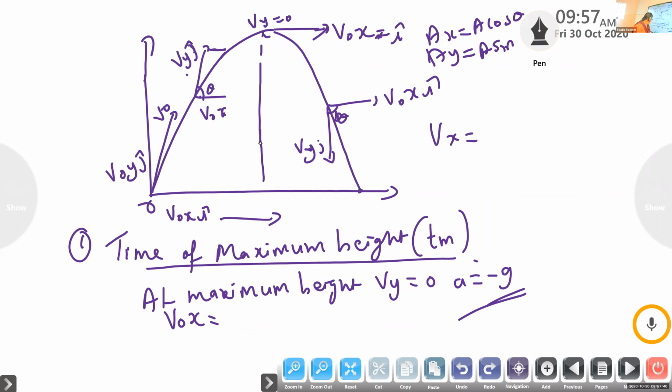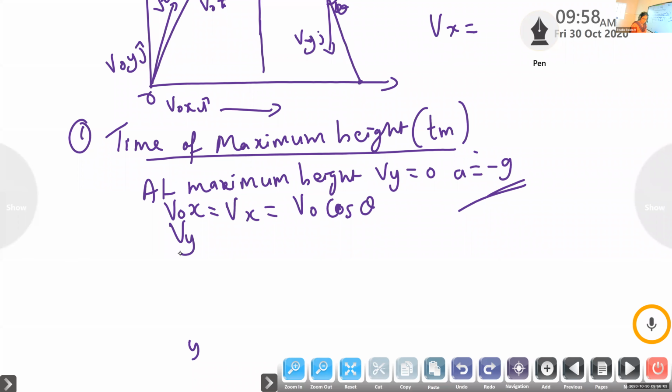Now you can write below that we have V0x is equal to Vx, which is equal to V0 cos theta, and Vy is equal to V0 sin theta minus gt. Why is it V0 sin theta minus gt?